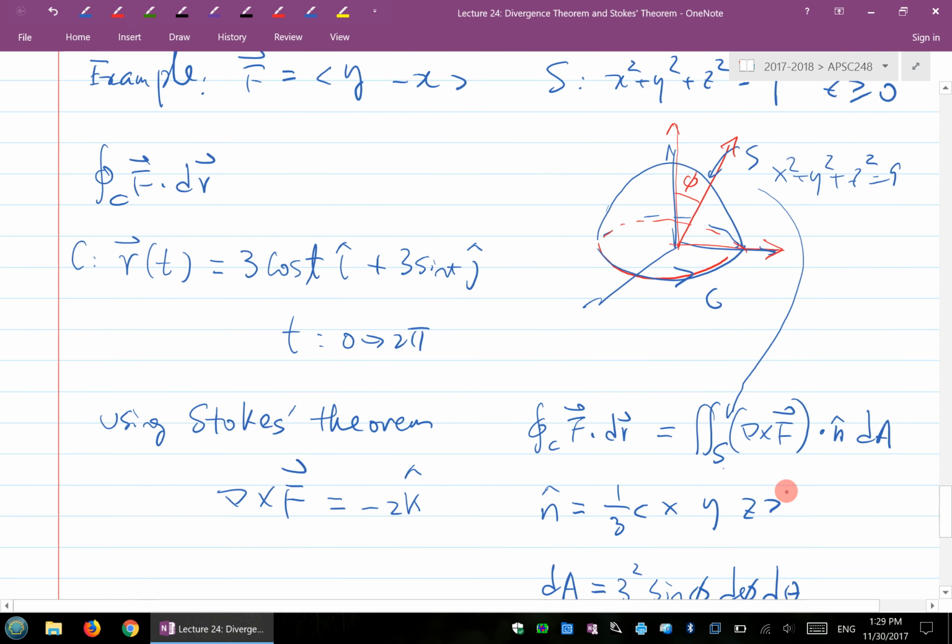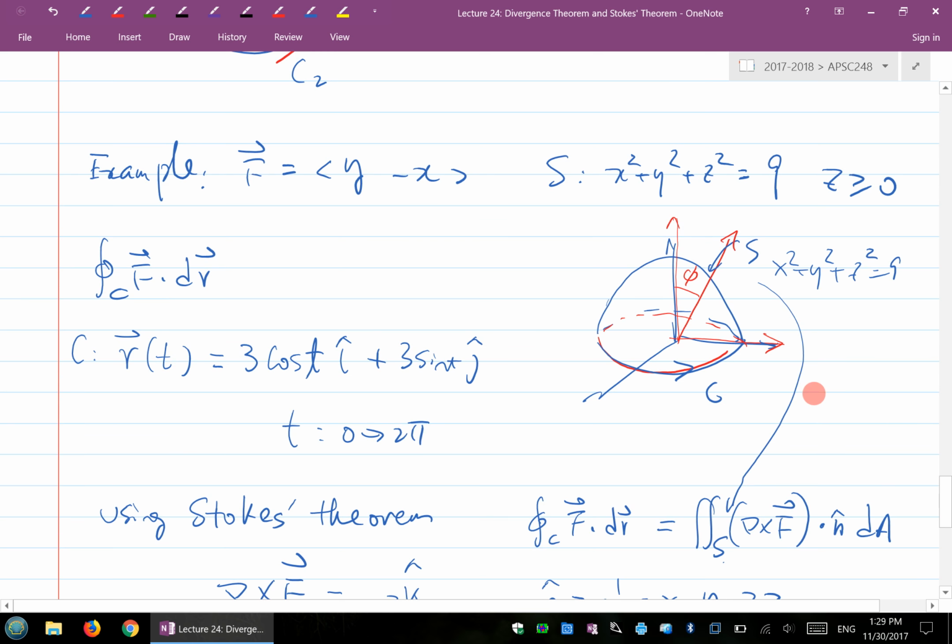Yes, if F is conservative, it's still 0. Of course. In the exam, we just did Stokes over the circle rather than the half sphere. Would that be wrong? No, it wouldn't. Same answer.